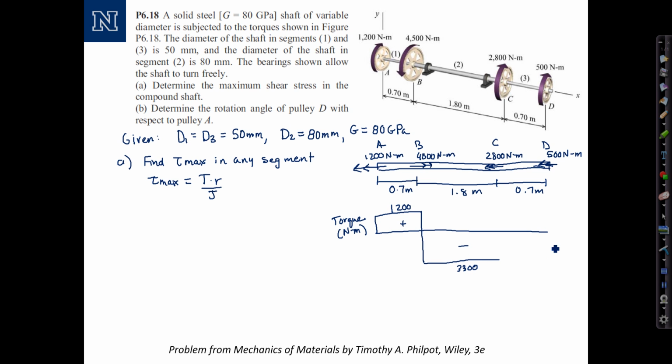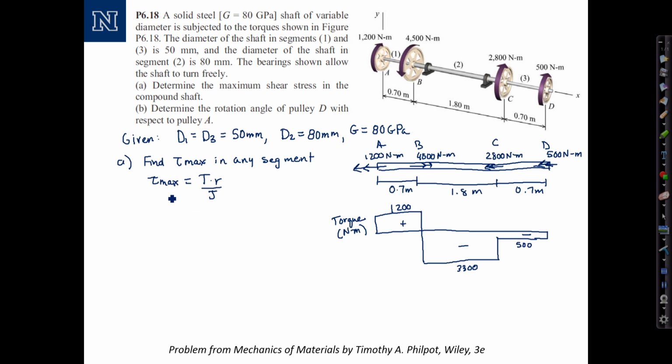Positive in segment 1, negative in segment 2. We reach point C. The torque is going to jump up by 2800. Negative 3300 plus 2800 is negative 500. And finally at the end it jumps up by another 500. And this is a good check for you, because you see that the torque diagram comes back to 0, and it should always return to 0 at the end if you know every single one of these applied torques or reactions. Okay, so now we can proceed to solve for the stress.